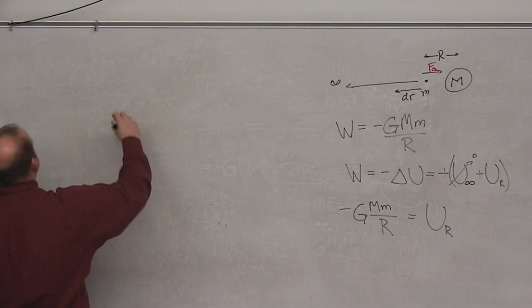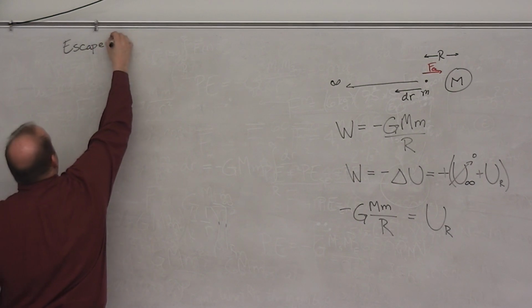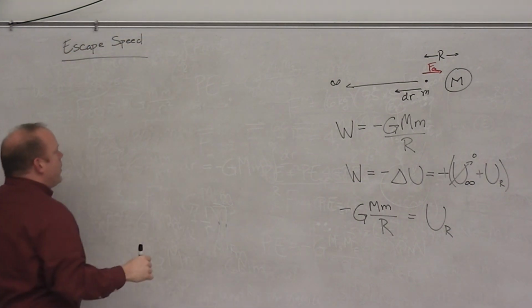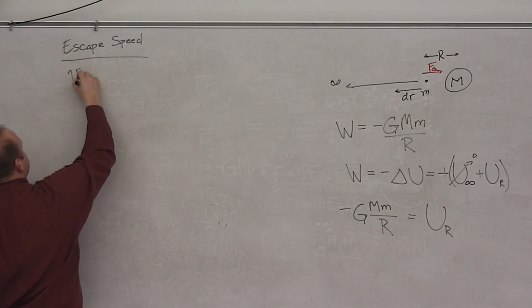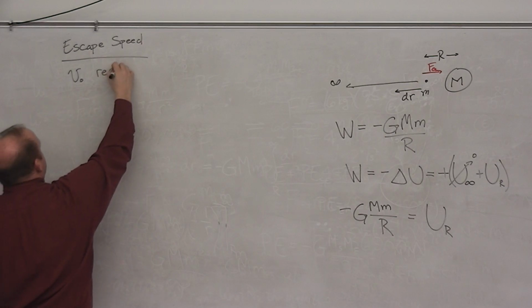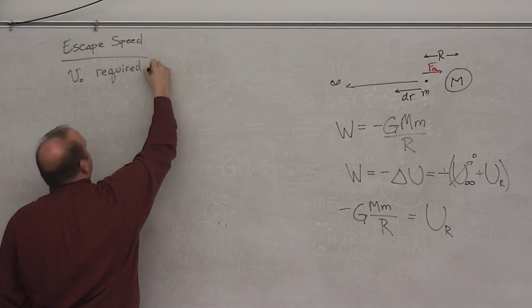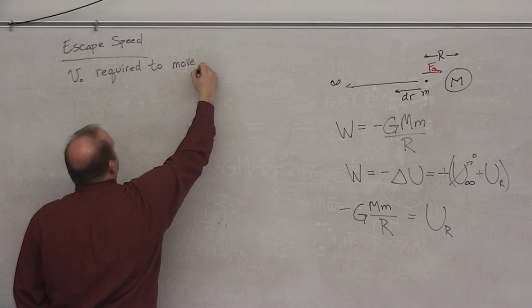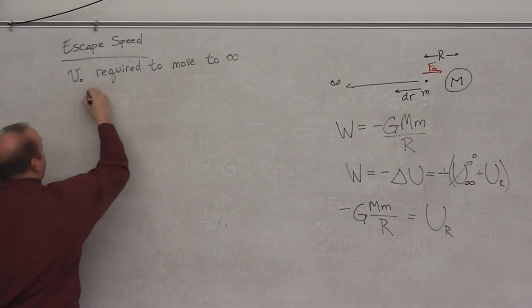Okay, escape speed. Really what that does is say, all right, we want to find the V0 required to move to infinity with no extra push.